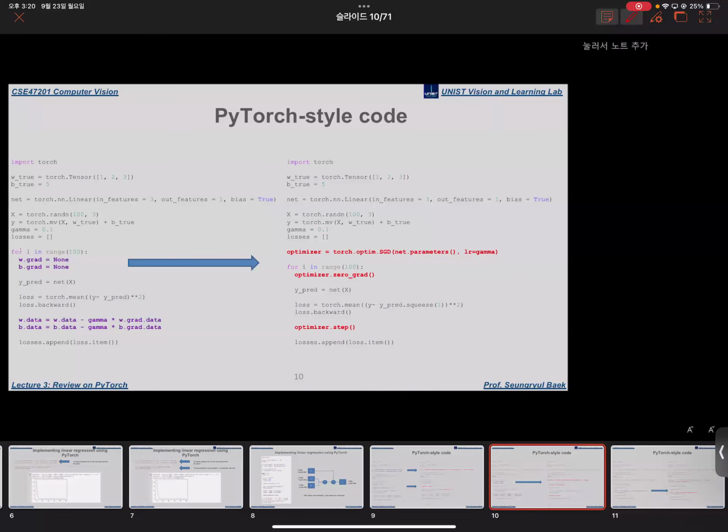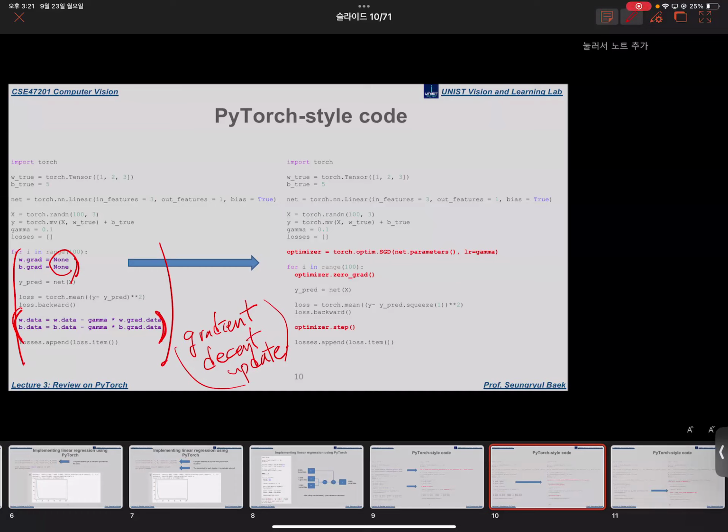And also, this is the gradient descent update part in the previous code. We have to specify each individual parameter, assign a name for each, and update them with manual effort.